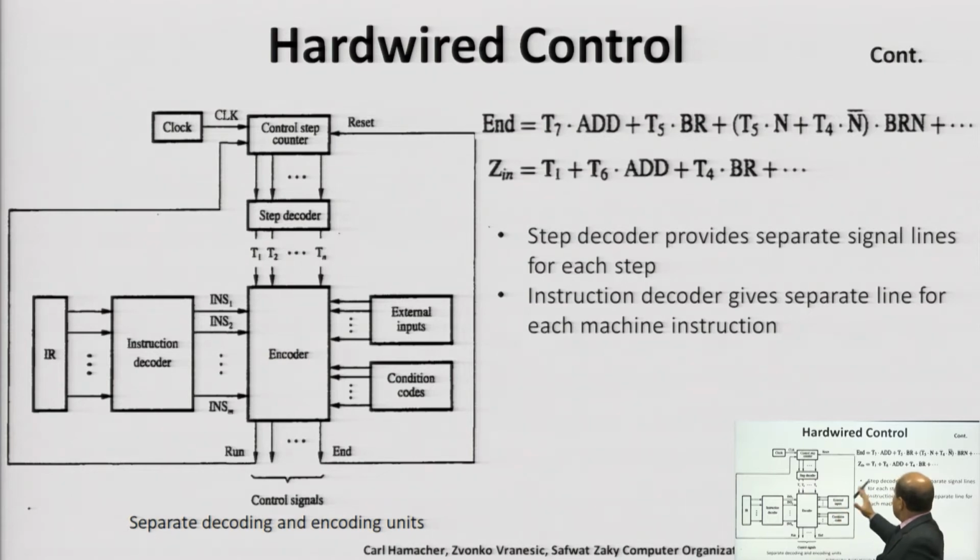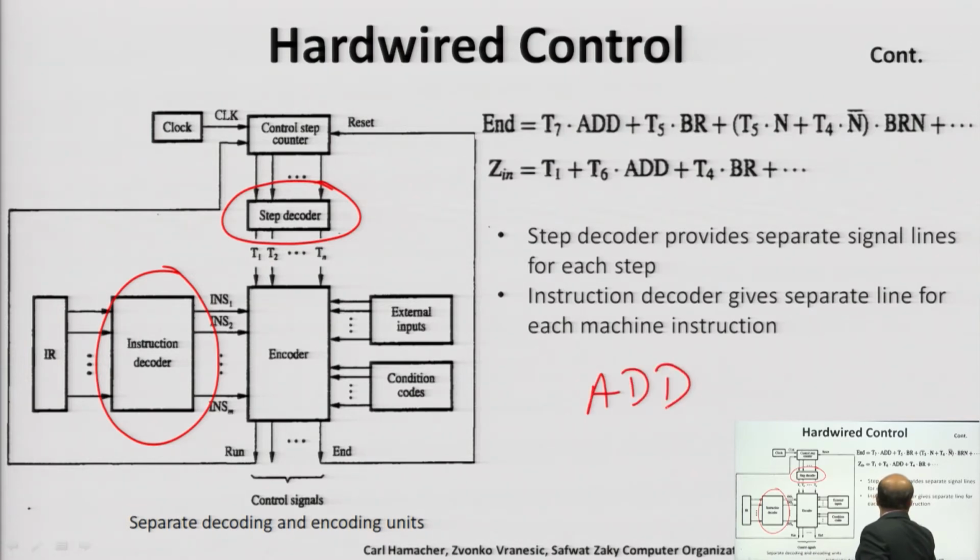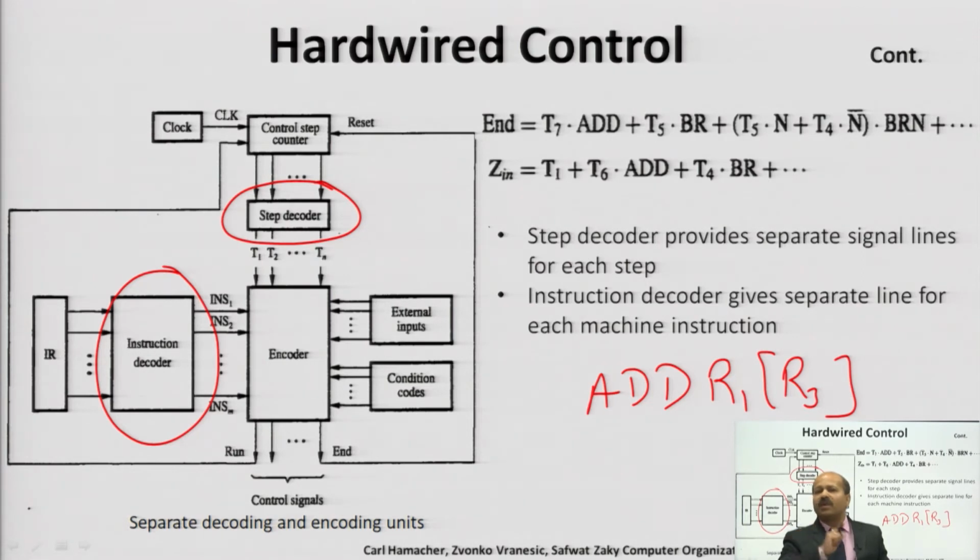Here a few more components are added. You can see the step decoder provides a separate signal line for each step. The instruction decoder gives a separate line for each machine instruction, because to execute this instruction ADD R1, R3, several micro instructions or machine instructions are to be issued by the system.